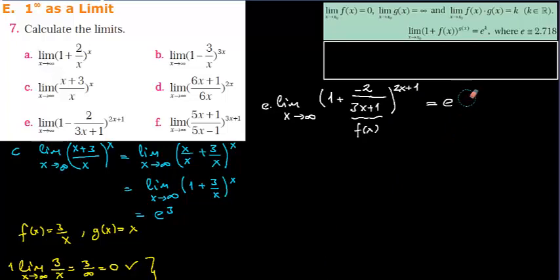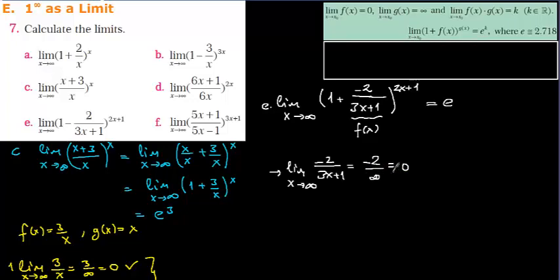You know what the k value is, and I'm going to look for the k value now. Firstly, I have to satisfy the conditions. The first condition: the limit as x tends to x0, which is infinity for this question, of minus 2 over 3x plus 1 should tend to 0. When you put infinity here, it's going to be equal to minus 2 over infinity, that's equal to 0.